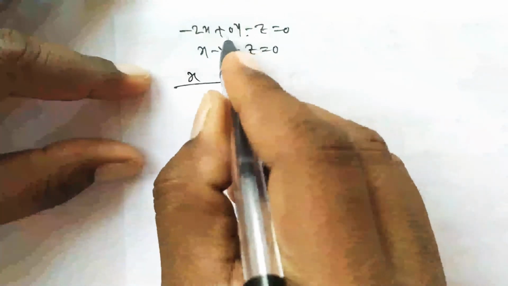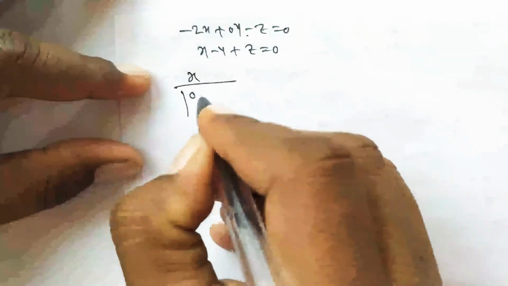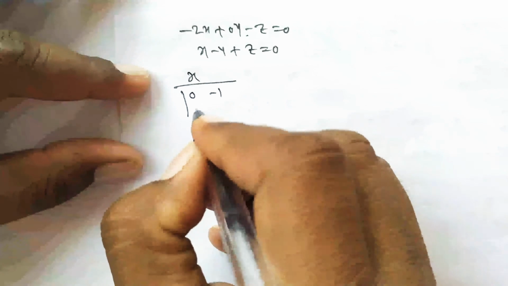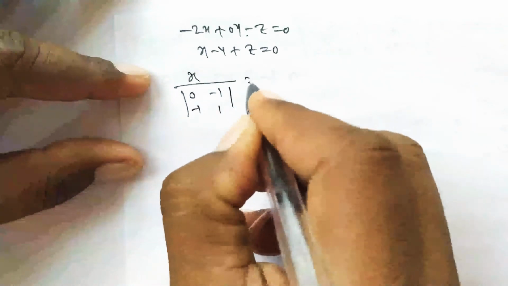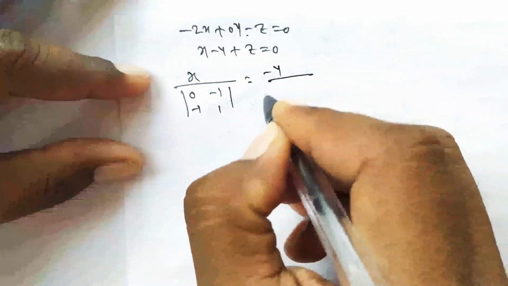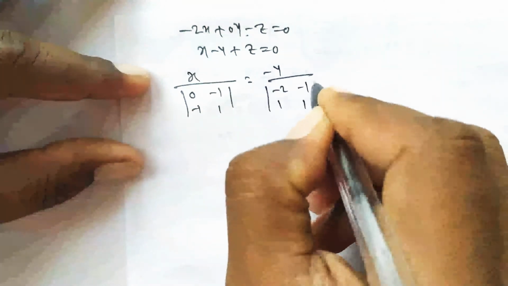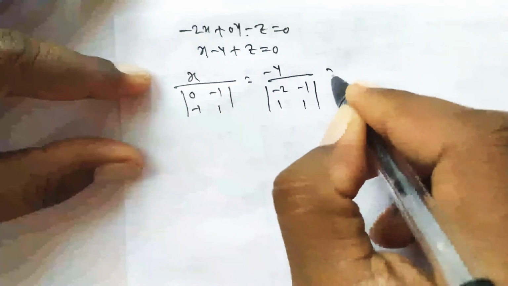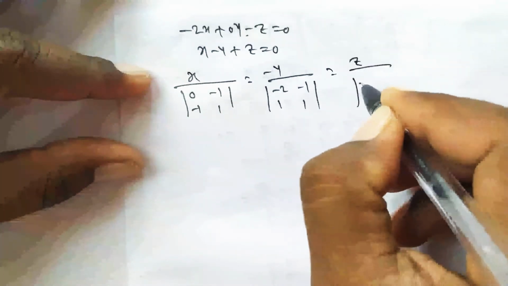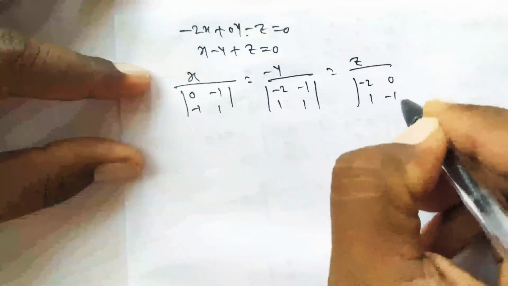So x upon coefficients of y and z, that is 0 minus 1 from the first row, minus 1 1, equal to minus y upon determinant of minus 2 minus 1, 1 1, equal to z upon determinant of minus 2 0, 1 minus 1.